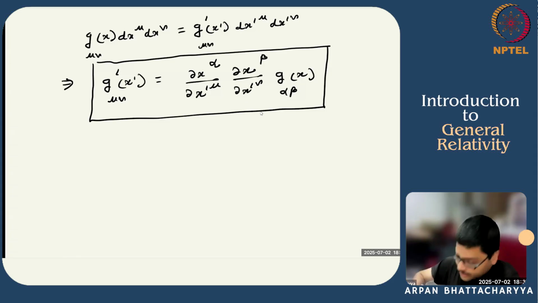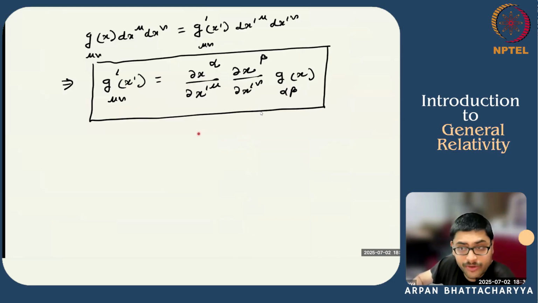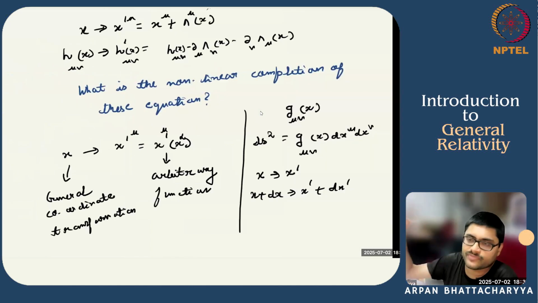And this, we'll see, is the nonlinear version of this. So together with this arbitrary relabeling, we will now show that this and this equation in the linearized limit will give back these two equations.